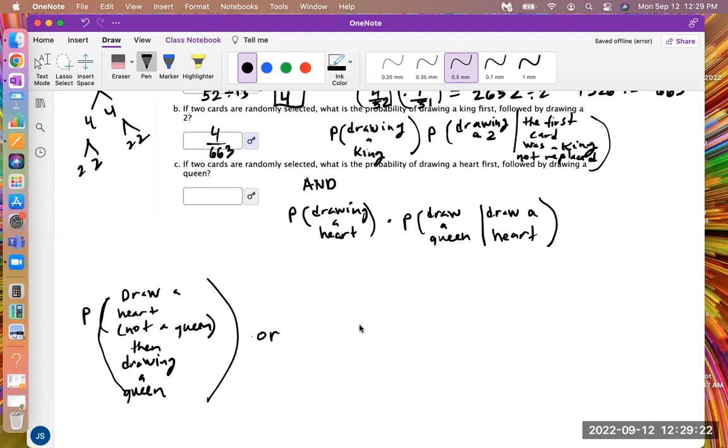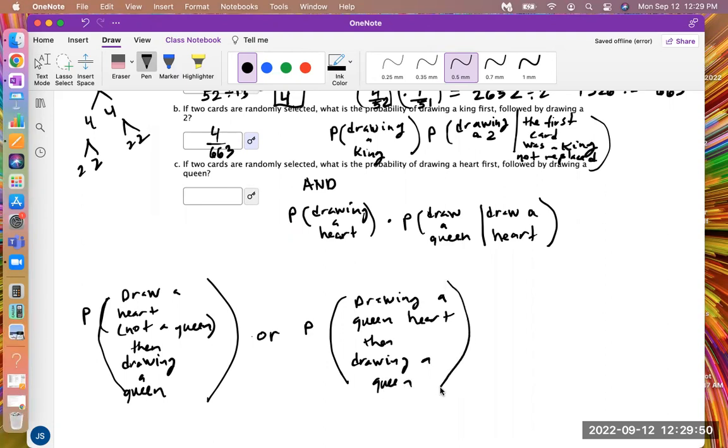Or we would also be happy with drawing a queen heart, then drawing a queen.